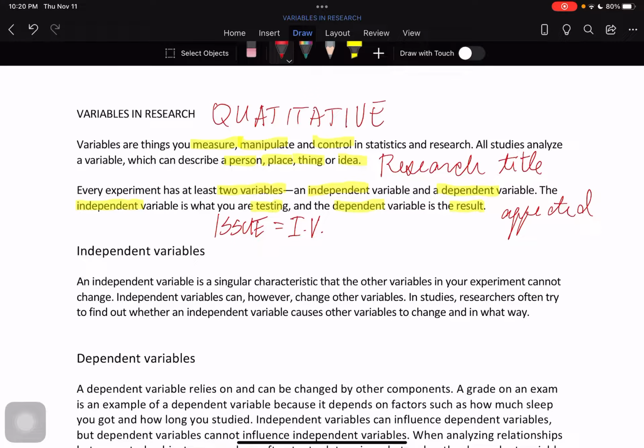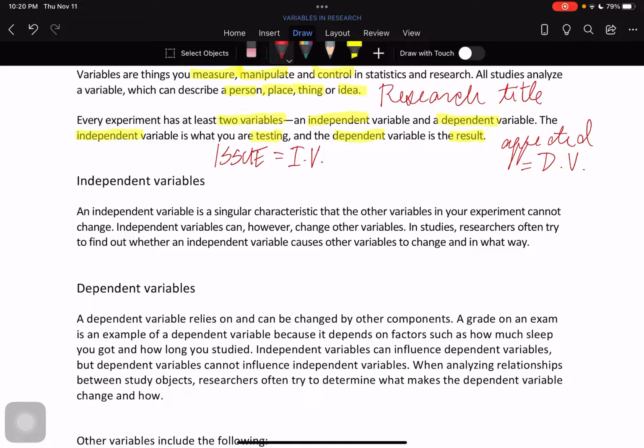Again, this is an overview or a general idea regarding the difference between IV and DV, independent variable and dependent variable. Now, to continue.